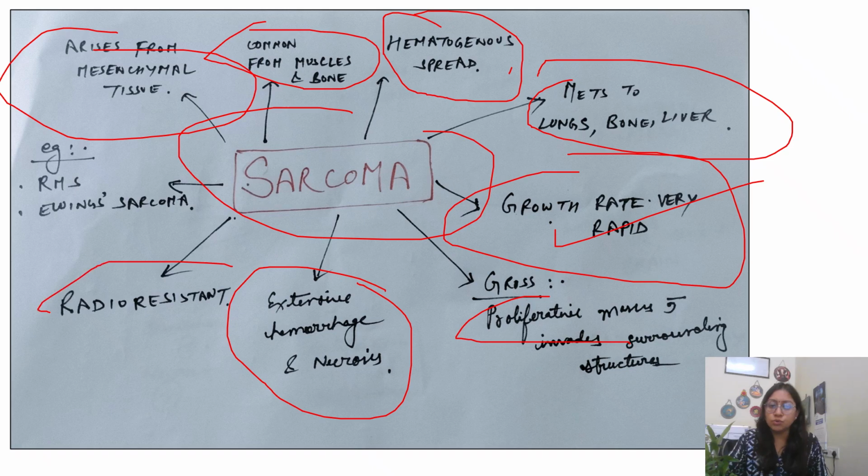And sarcomas are usually radioresistant, meaning they usually do not respond to radiotherapy. Examples are rhabdomyosarcoma, Ewing sarcoma, osteosarcoma, so all these are sarcomas.